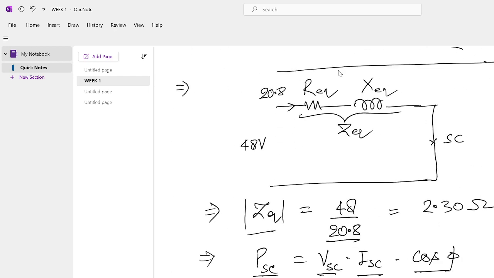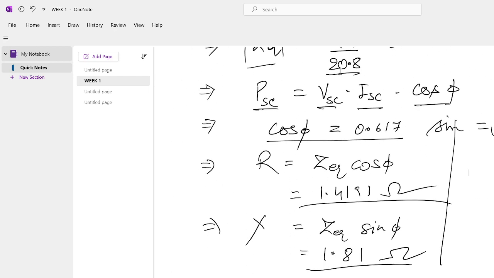We divide by a squared. The value of a is NHV by NLV, 2400 upon 240, which equals 10. With respect to the high voltage side, values are high. When you refer to the low voltage side, the resistance and reactance values have to come down.